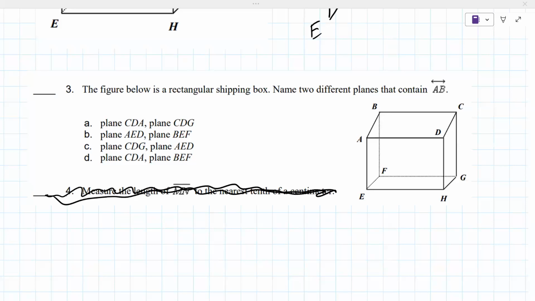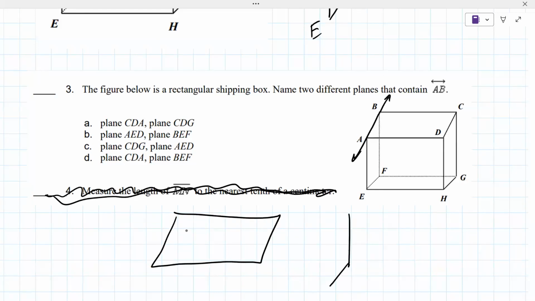I'm between A and D, but I don't. Okay, so here's what I'm going to do. I'm going to help you out here. Here's AB. I'm going to draw AB. That's AB. It is part of the top one, and it's part of the left side. So which are those two planes?